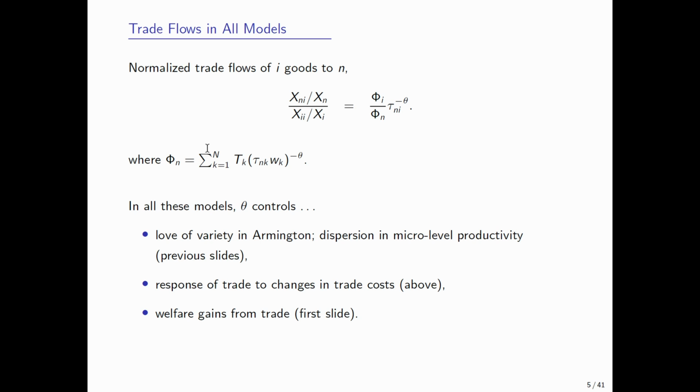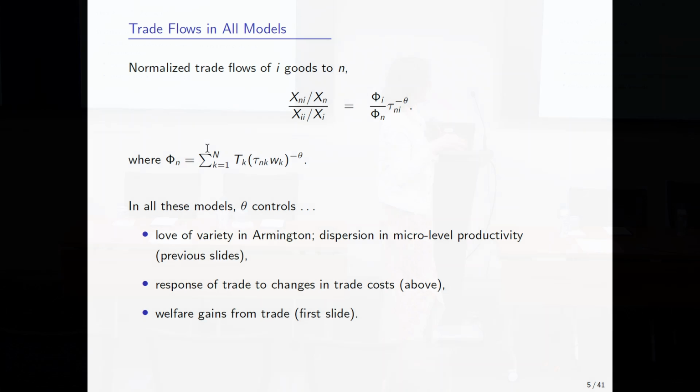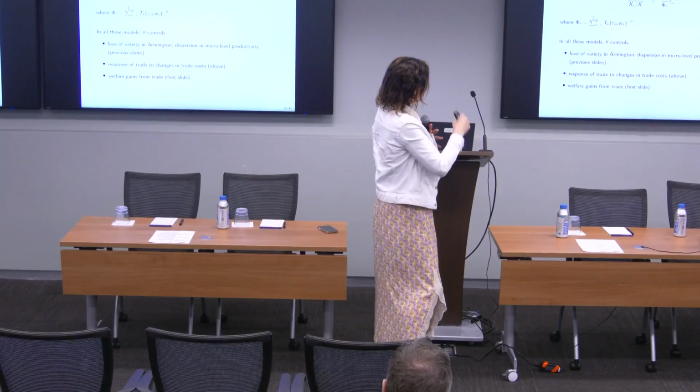The following are the trade flows, trade shares of goods from country I to country N. The trade share is the trade flows from I to N divided through by the total expenditure in country N. And I'm dividing that through by the domestic share of country I. So I'm normalizing by the domestic share of country I. That is equal to the ratio of these objects phi, as well as the bilateral trade barrier between countries I and N raised to the power of minus theta. So what is this object phi N?